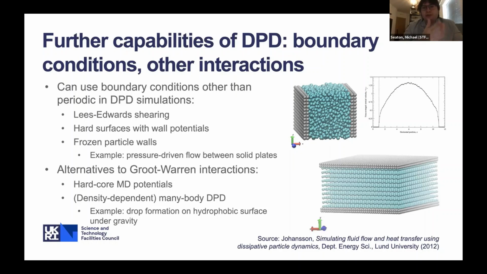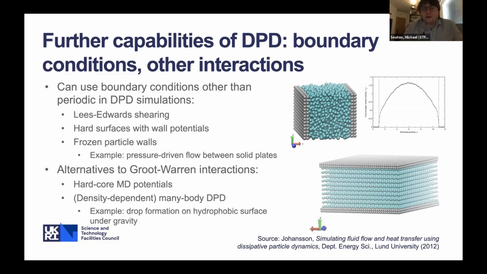And we can also freeze some particles in position to create a kind of wall, although we often have to use some kind of reflective boundary as well to ensure that fast-moving particles don't penetrate the walls.